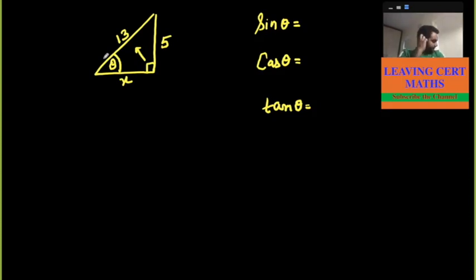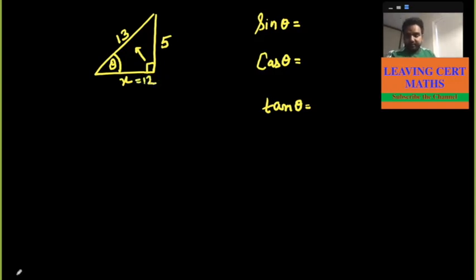So 13 squared equals 5 squared plus x squared. 13 squared is 169. 5 squared is 25 plus x squared. 169 minus 25 is x squared, which is 144. So x squared equals 144. So x equals 12. Yeah, that's right. So x is equal to 12, right?